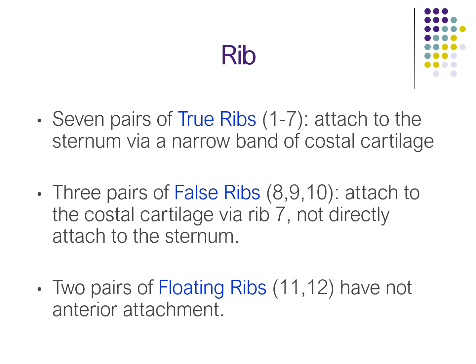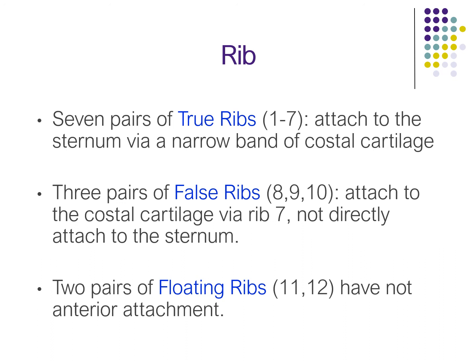So for your ribs, you have 7 pairs of true ribs attached to the sternum via a narrow band of costal cartilage, 3 pairs of false ribs, pairs number 8, 9, and 10, that attach to the costal cartilage via rib 7, not directly attached to the sternum.